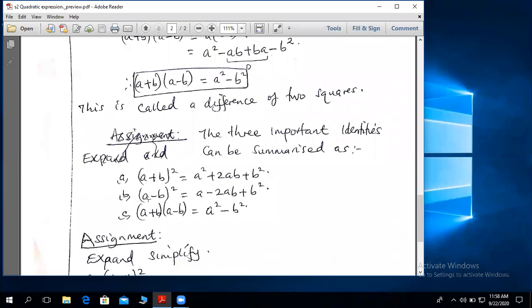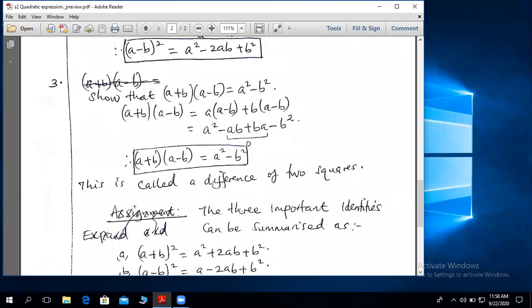Then a minus b squared is the same as a squared, then minus 2 times a times b, then plus b squared. And finally, a plus b into a minus b is a difference of two squares, and it is equal to a squared minus b squared.